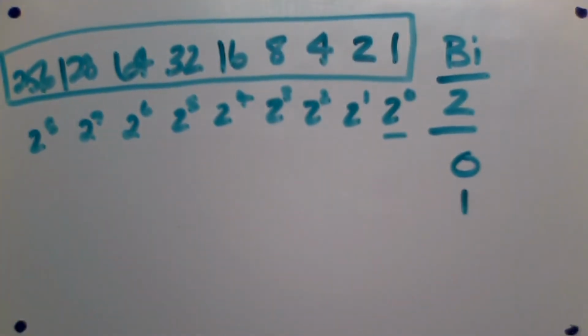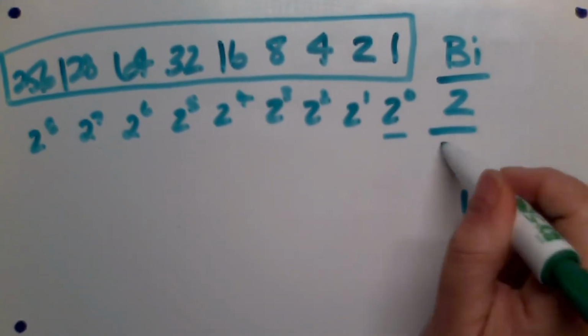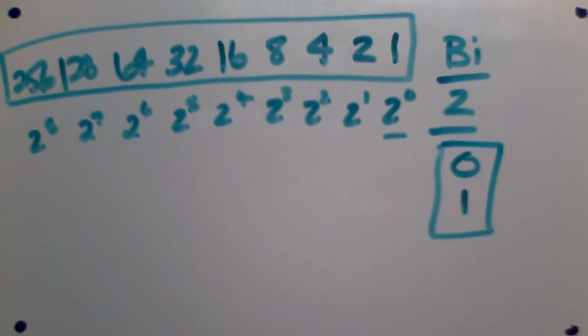Now, just like with the tens, remember we had 1342. That said that we had the 1 1,000, 3 100s, 4 tens, 2 ones. We can use the same idea for binary, except remember, we only have these 2 choices to represent those columns.